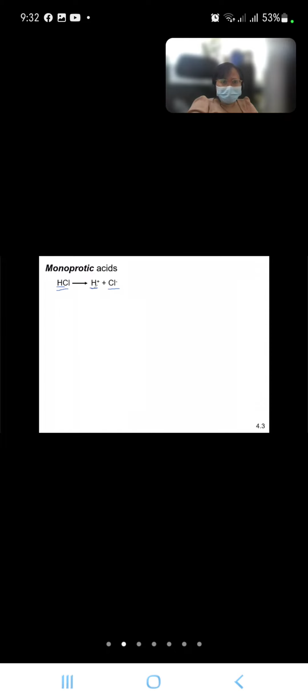So there is only one ionizable hydrogen ion. So this acid is called a monoprotic acid. Okay, so hydrochloric acid is a strong electrolyte because it is a strong acid.